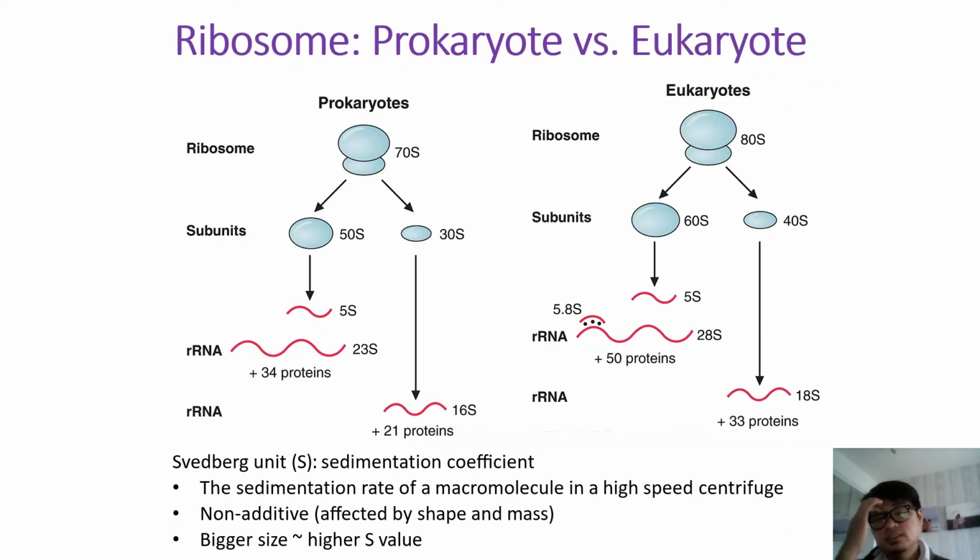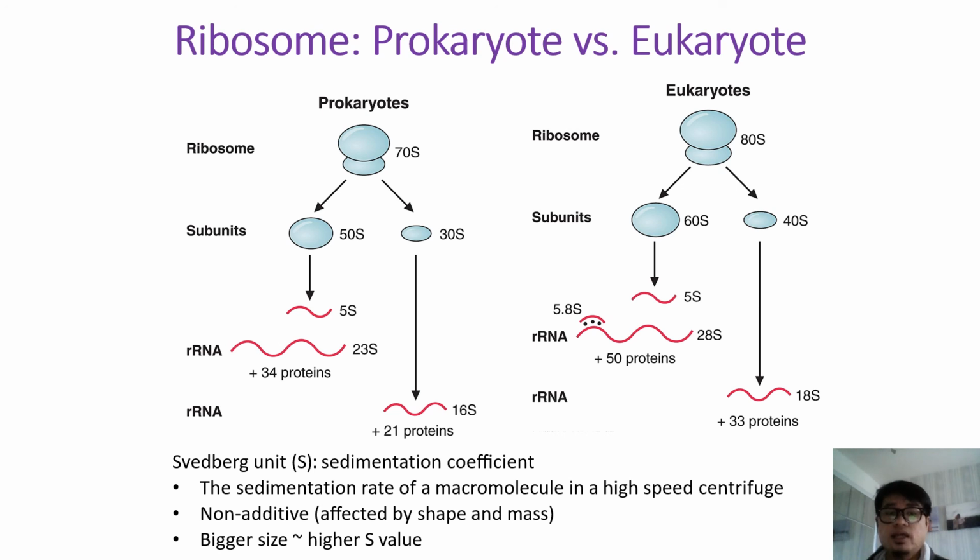All right, so this is the difference between prokaryotic and eukaryotic ribosomes. In prokaryotes, the size of the ribosome is 70S, which has two subunits, 50S and 30S. And for eukaryotes, the size of the ribosome is 80S, consisting of 60S and 40S.